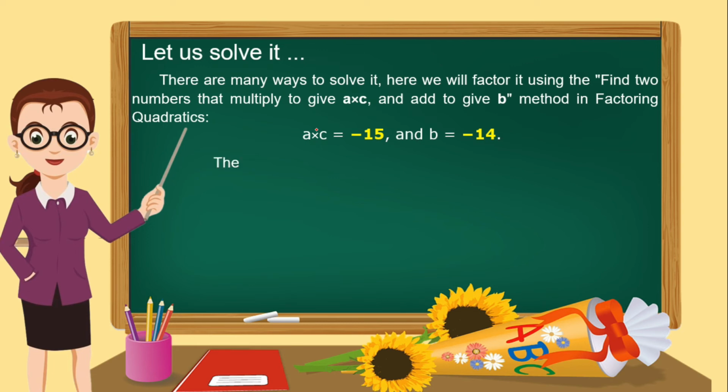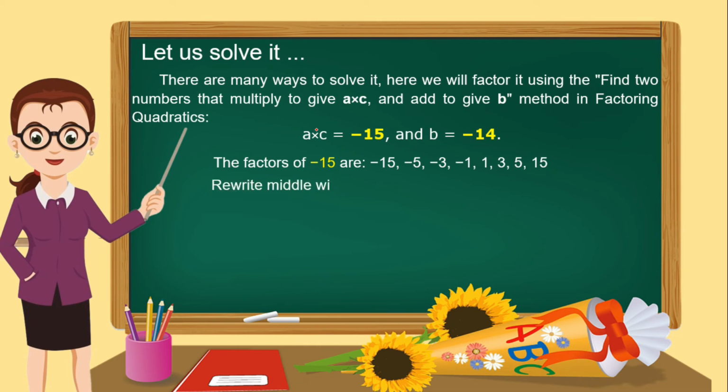The factors of negative 15 are negative 15, negative 5, negative 3, negative 1, 1, 3, 5, 15. By trying a few combinations, we find that 15 and negative 1 will work.